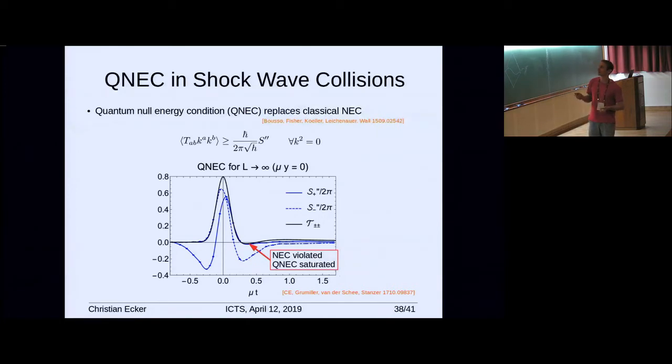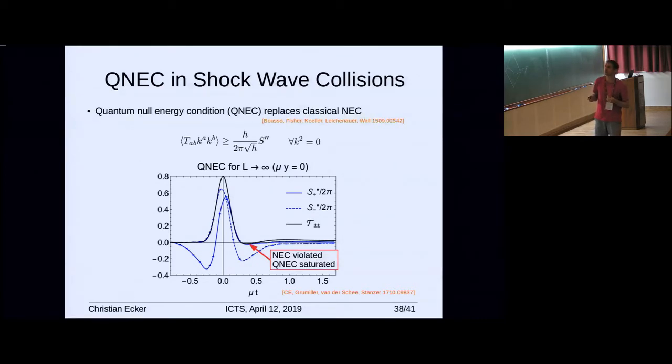We used these narrow shockwave collisions and looked again at the projection of the energy momentum tensor and compared it to the second derivative of the entanglement entropy. What you then find is that you first get two different cases.